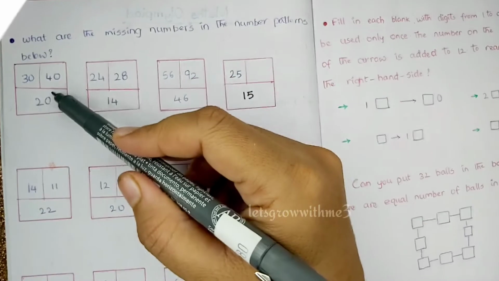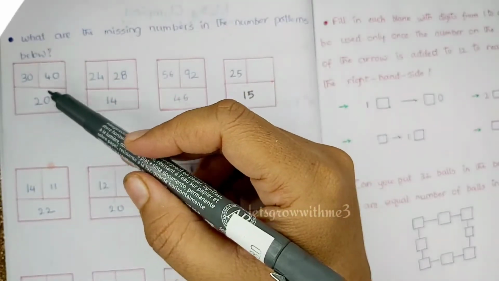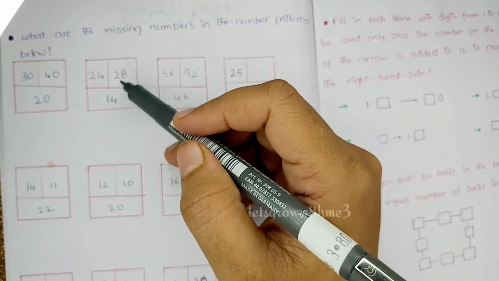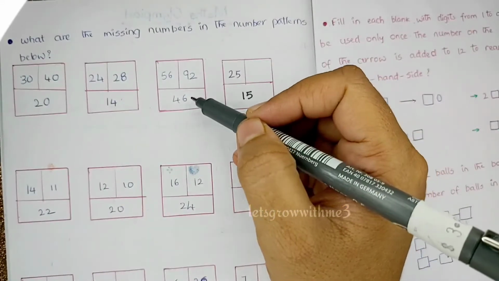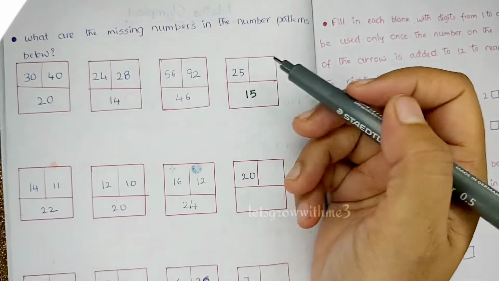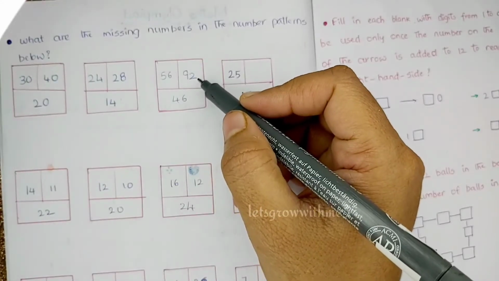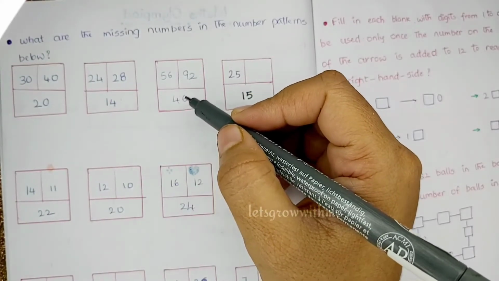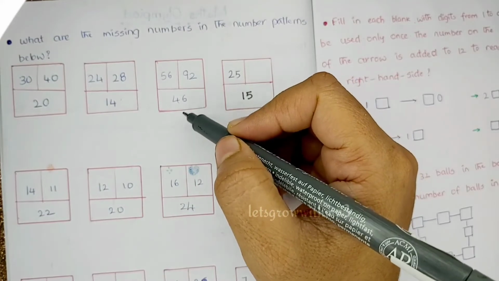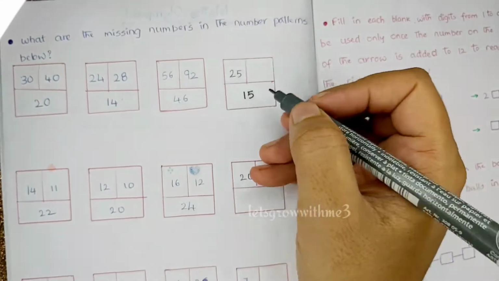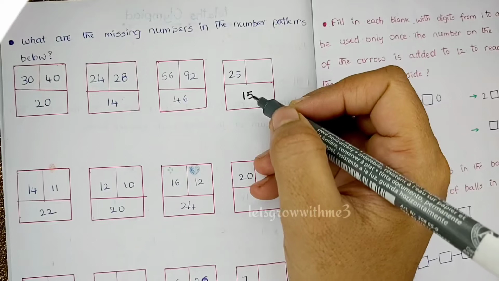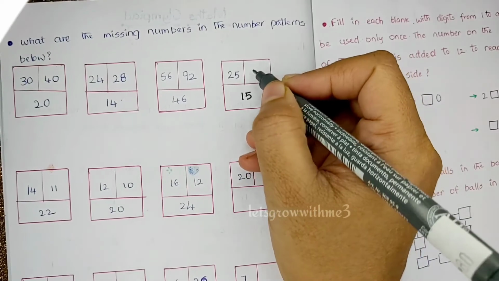If I observe my next value, it's minus 20, but minus 20 is not following here. If I go for times 2, then it is okay. The first box is okay and the second box is also okay. Then 46 times 2, which is 92. That's also fine. So here I need to do multiplication, that is times 2.